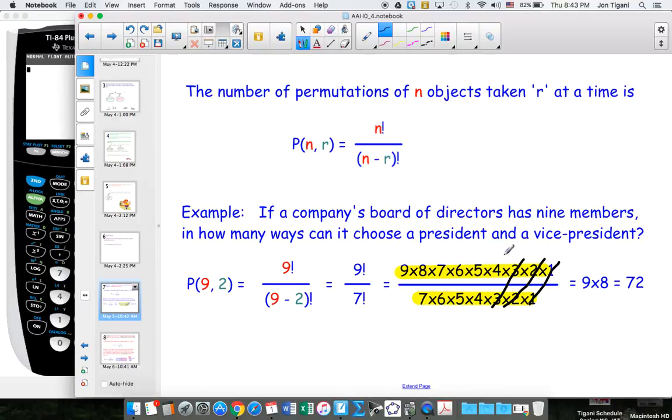There's nothing wrong with this. In fact, if you could do it that way, you would probably get a better idea of how combinations and permutations actually work.